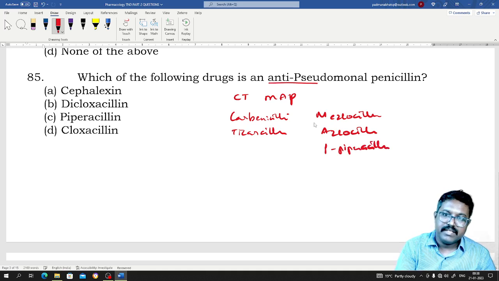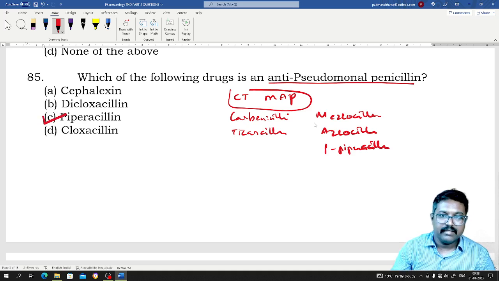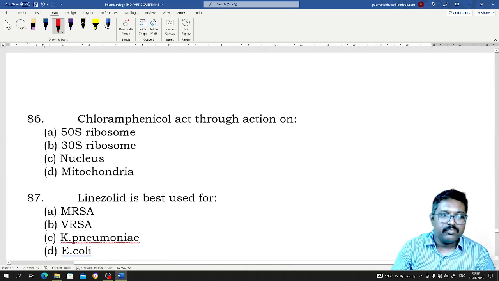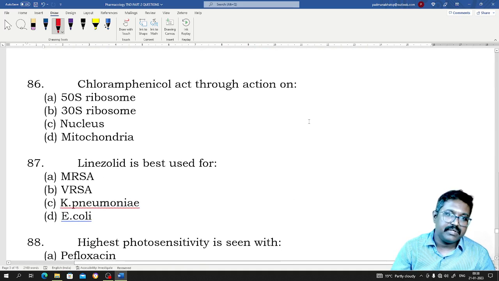So here the anti-pseudomonal penicillin, the mnemonic is CT MAP, and the drug here is the piperacillin. Is that clear? Fine.